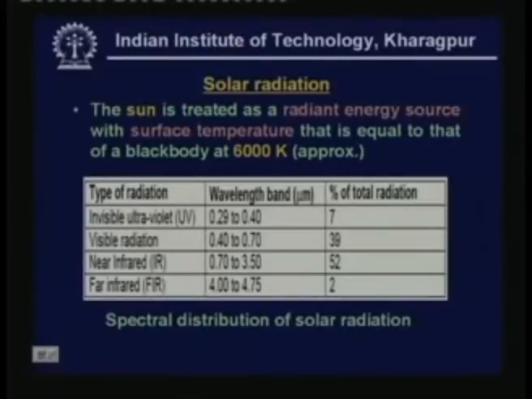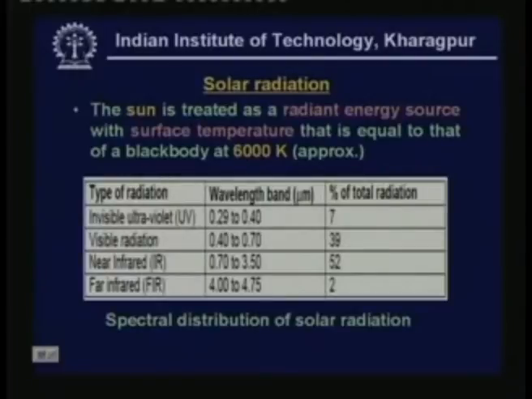And the visible radiation, which lies between 0.4 to 0.7 microns, consists of about 39% of total solar radiation. And the near infrared radiation, which in fact gives rise to the heating effect, lies in the range of 0.7 to 3.5 microns, and it consists of about 52% of the total radiation.